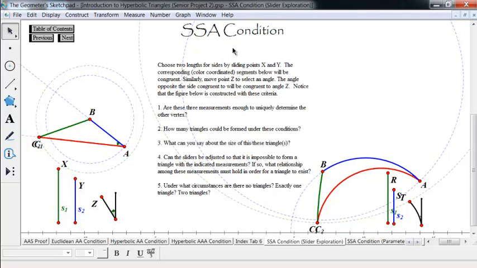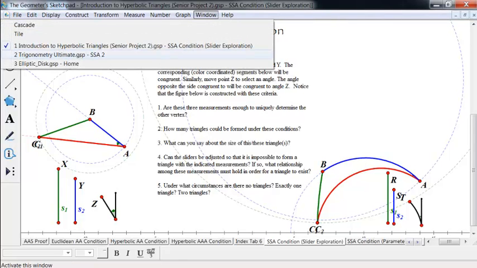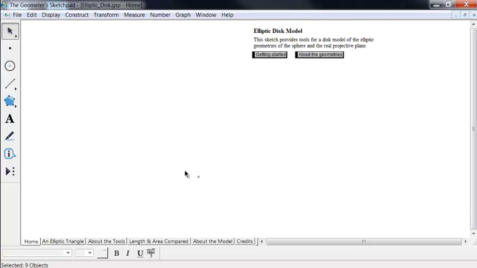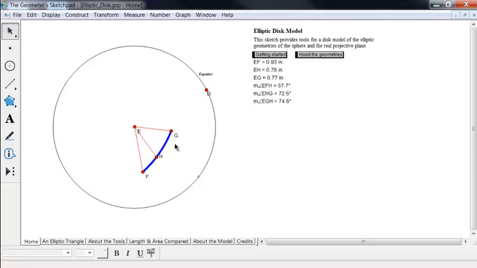The same kind of setup works in spherical geometry. Let me see if I can show you that in this elliptic disc version. So let me start. Whoa. I want to get rid of all that.